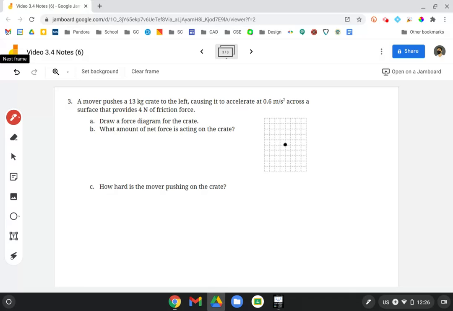So we've got the push on the crate from the mover, the friction on the crate from the floor, and then a normal force and a gravitational force. These are both vertical, and these will not be affecting the motion of the crate, since the crate is accelerating left.